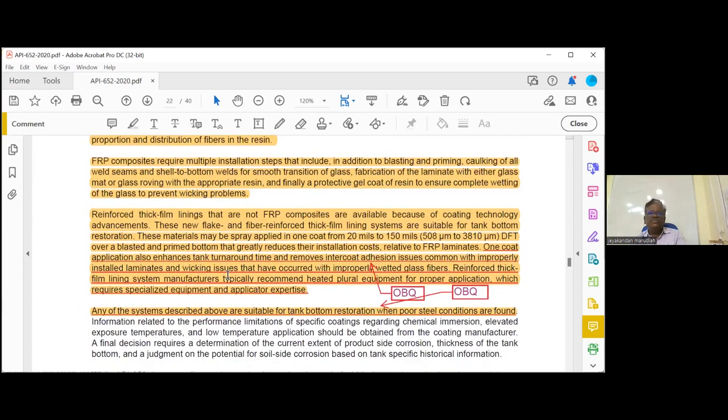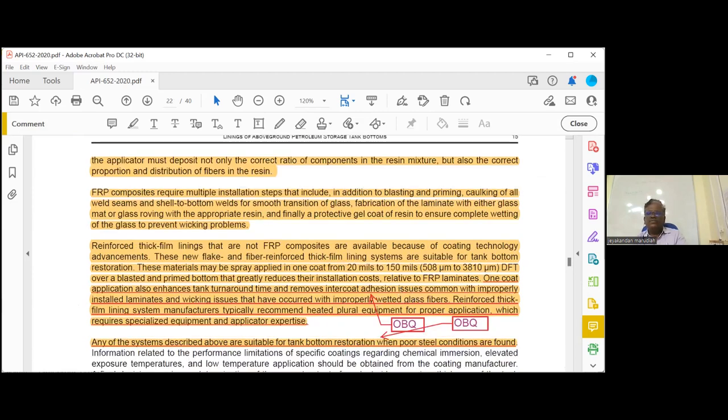Then these are not important. Please go to the next page. Third paragraph. One coat application also enhances the tank turn-on time and removes the intercoat adhesion issues commonly seen with improperly installed laminates and wicking issues. So if you are applying one coat, what is the advantage? There is no intercoat issue, easy adhesion. Easily it will adhere. Adhesion means sticking.